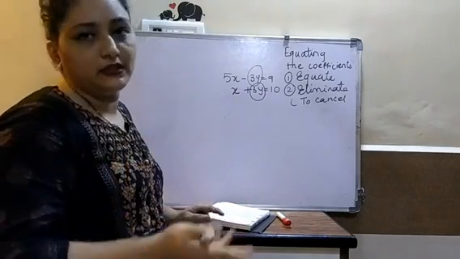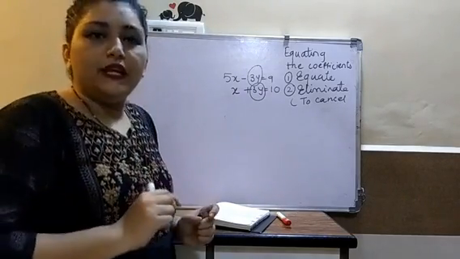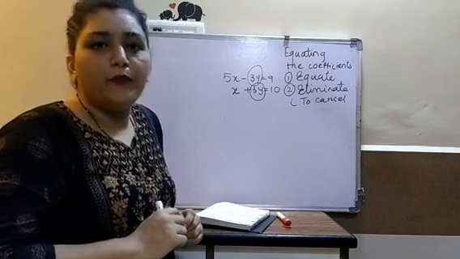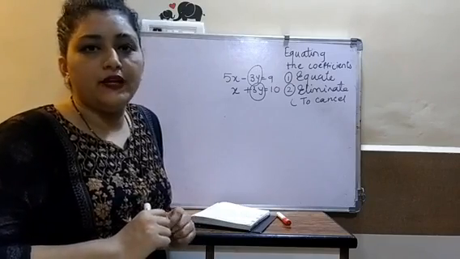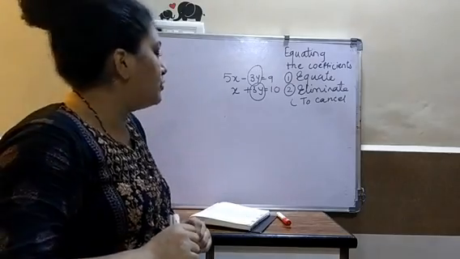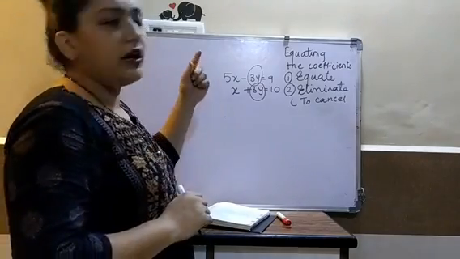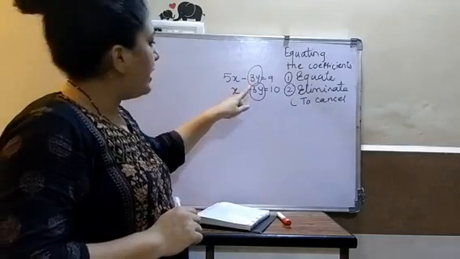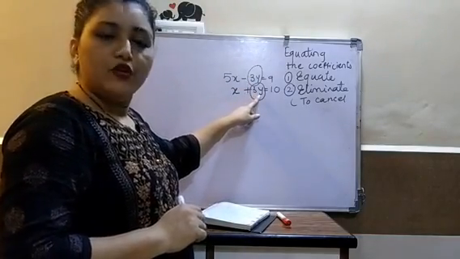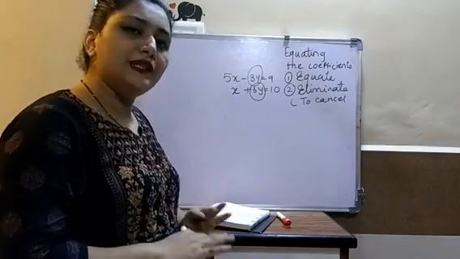Eliminate is to cancel. For cancellation you should have opposite signs. So I will check whether they are of opposite signs or not. Here it is minus 3y and here it is plus 3y, so now we have opposite signs.